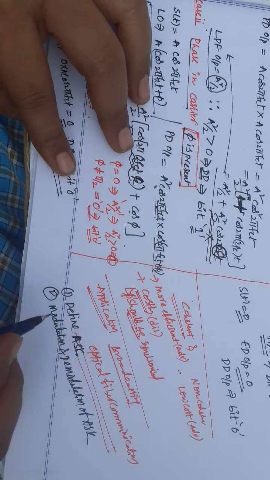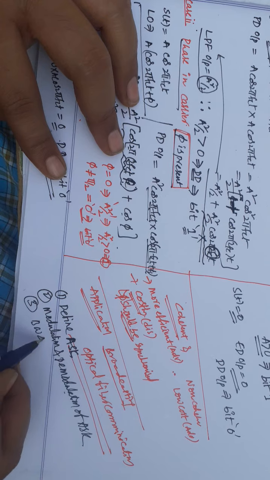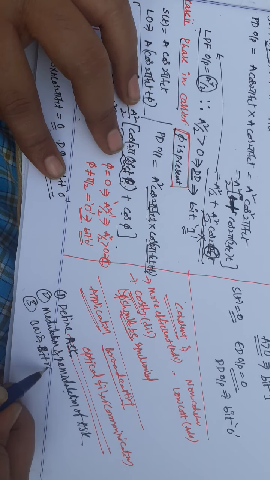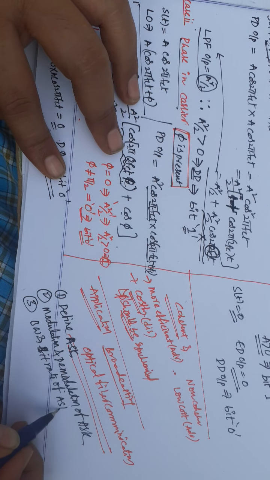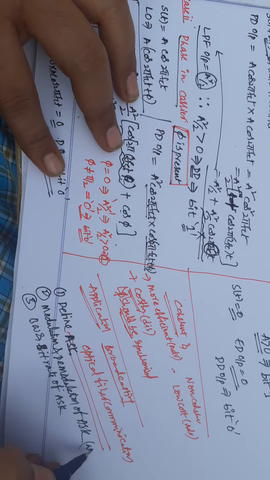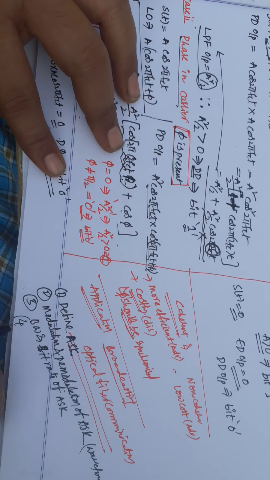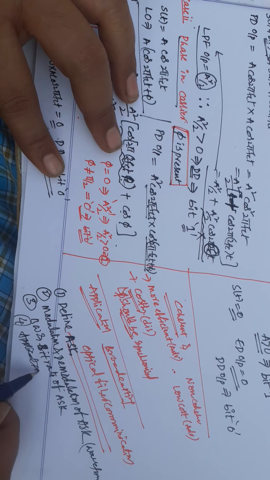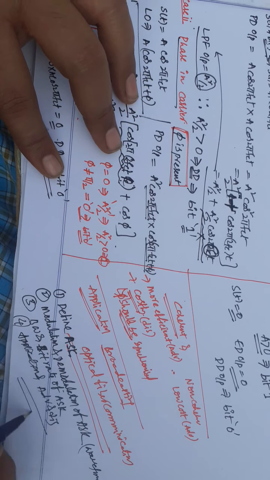Third, bandwidth and spectrum, bandwidth and bit rate of ASK with waveforms. Fourth, applications, advantages and disadvantages. Thank you.